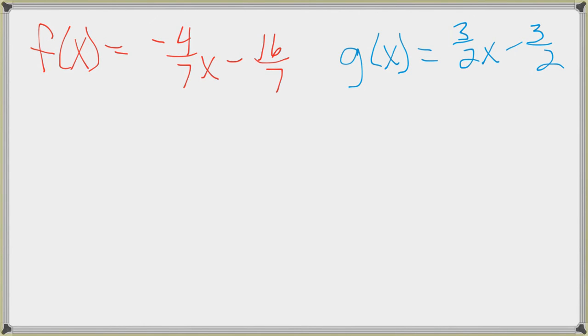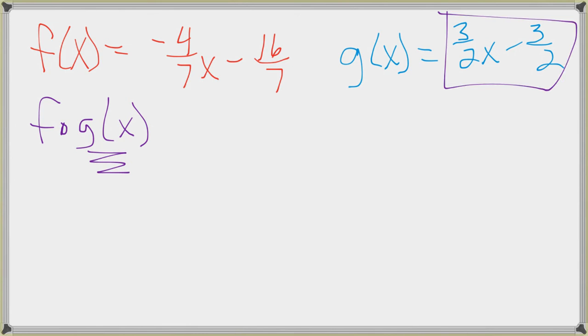Now when I look at this one, just looking at the problem, I'm thinking probably these are not going to cancel because we have sevenths and halves. But we need to plug it in and see. So what are we going to do first? F of g of x. We're going to take that whole blue function g of x and plug it in for x in the red function. So 3/2 x minus 3/2, plug it in there for the x.